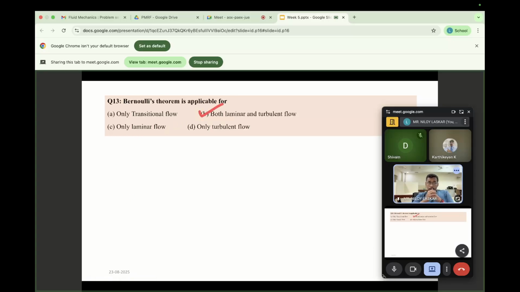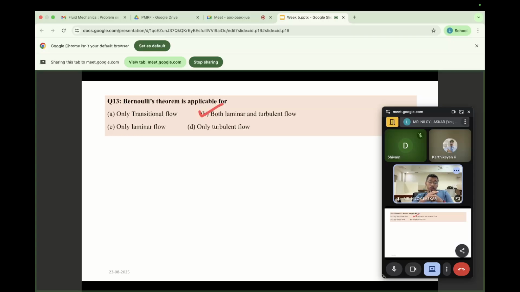If I talk about Bernoulli's theorem, we know that this theorem is a combination of steady state and steady flow and also inviscid flow, right? Another point is that it should flow along a streamline, so it doesn't require the flow to be laminar or turbulent.